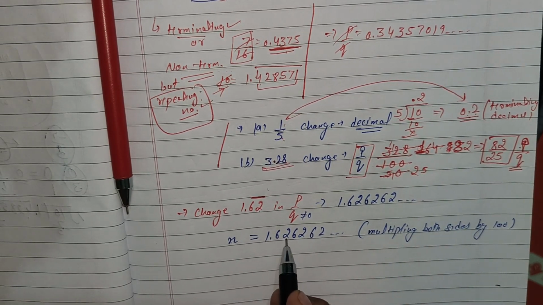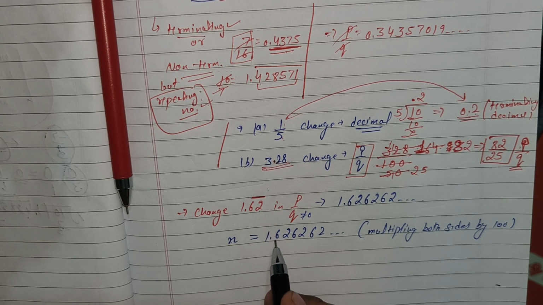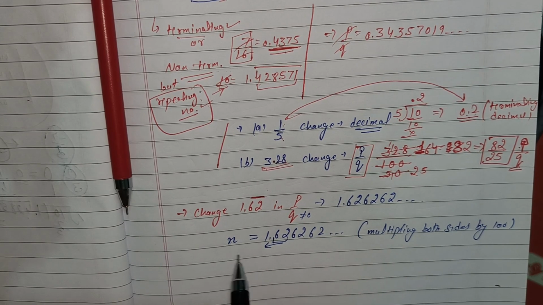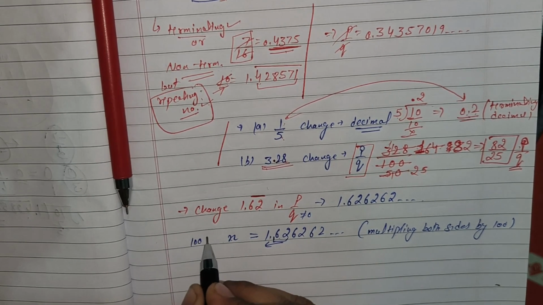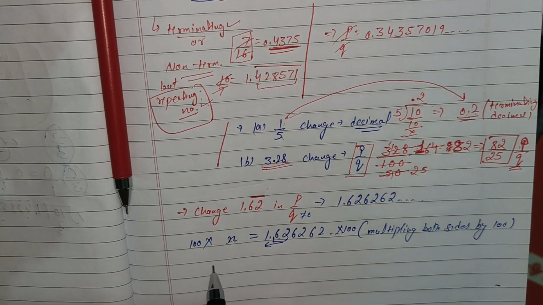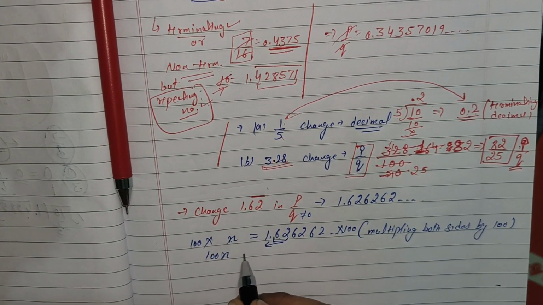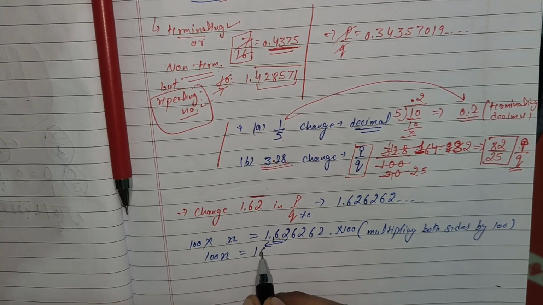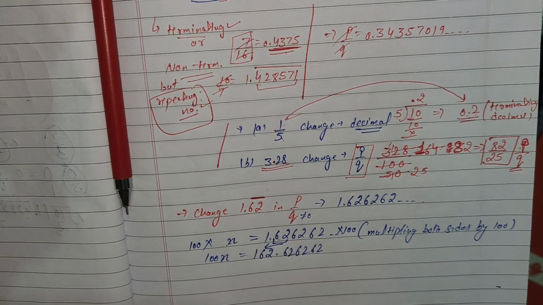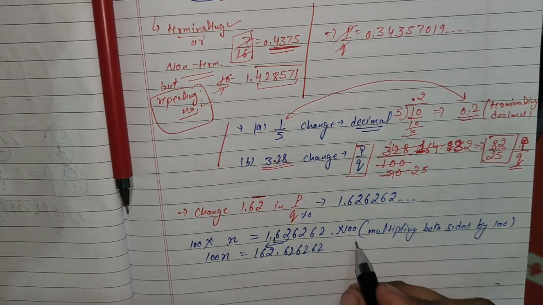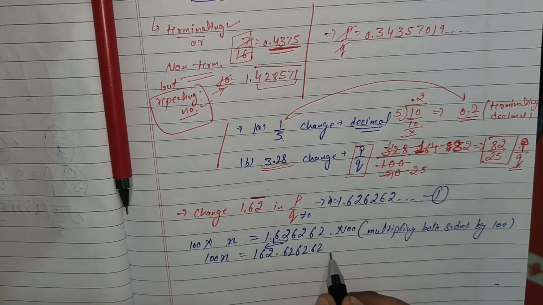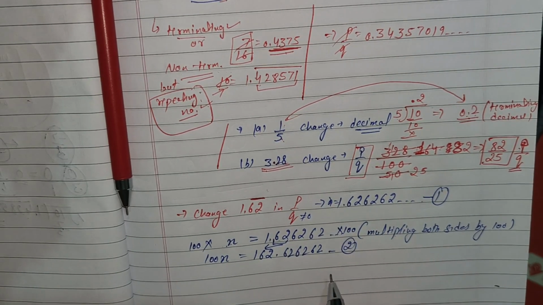Because it will shift these two digits before the decimal, so we multiply 100 on this side and 100 on this side. This will change into 100x and this will change into 162.626262 like this. This was our first equation, and this is our second equation.